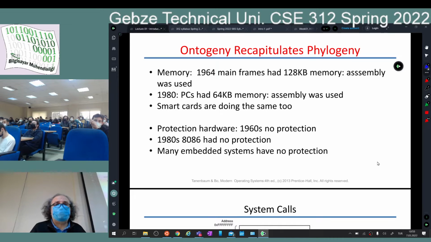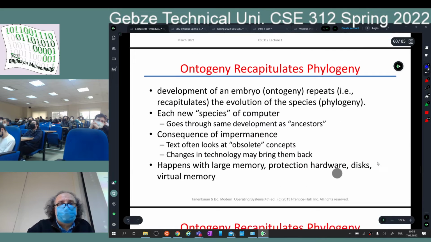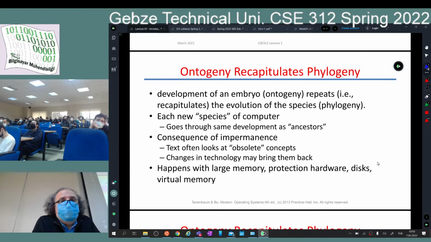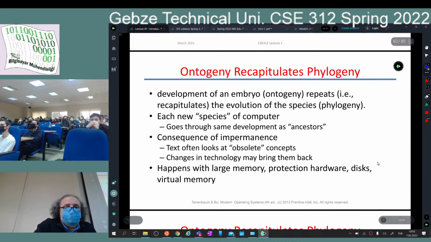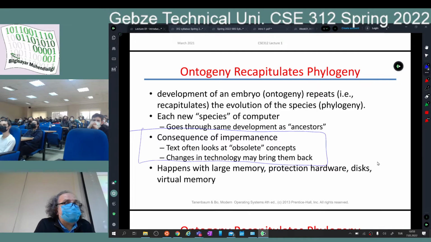That's what we are saying. Ontogeny recapitulates phylogeny. That's what we mean. Of course, we don't try to say anything about biology here. In biology they had these terms, and we are saying that the same thing applies. That's the reason we keep talking about old operating systems such as Multics.